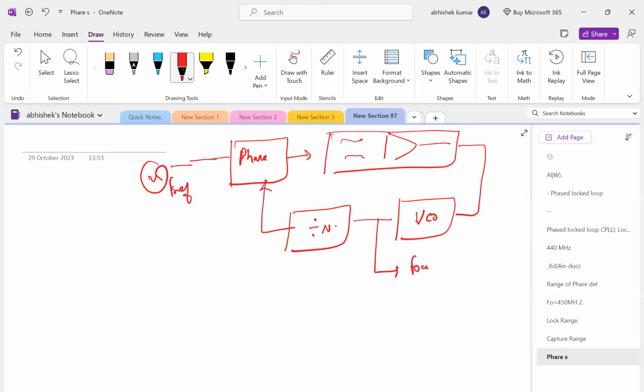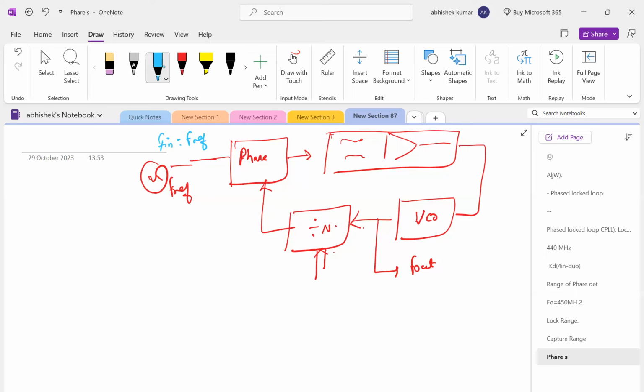Here we have the F output. Now we have F input equal to F reference, called the reference input.